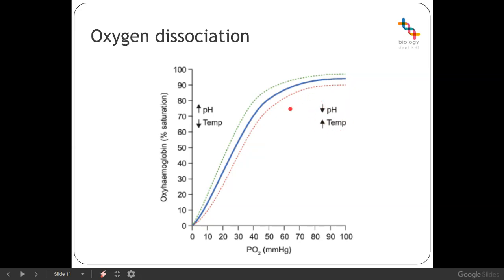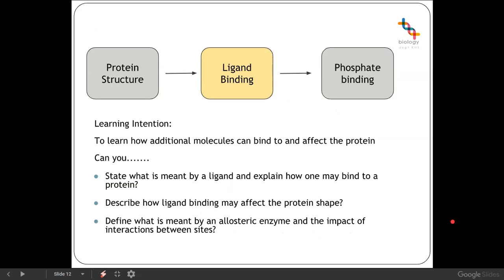That reduces the affinity of that hemoglobin to bind oxygen and releases more oxygen out to the tissue. So this is referred to as the oxygen dissociation curve, essentially the fact that oxygen starts to be released from hemoglobin when we have a decreased pH or an increased temperature. And essentially that's most likely to provide extra oxygen for respiring tissues.